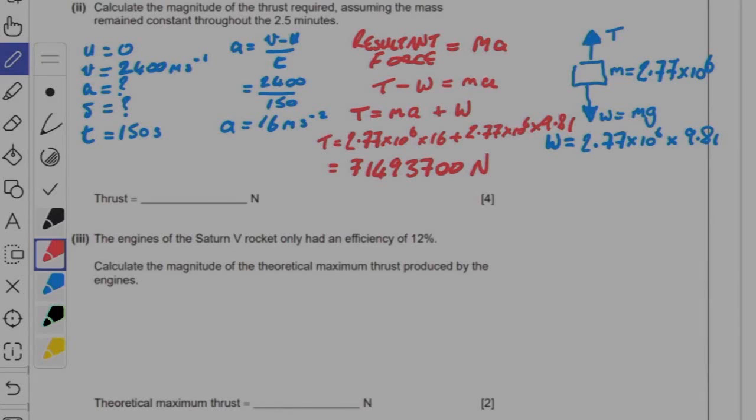I added the 16 and the 9.81, so I multiplied 2.77 times 10 to the 6 by 25.81, because you can think of that as ma plus mg, so it's m times (a plus g). Now that doesn't exactly agree with the mark scheme, but that'll be down to where you round it. The mark scheme says 7.11 times 10 to the 7, but it'll just be a rounding issue.